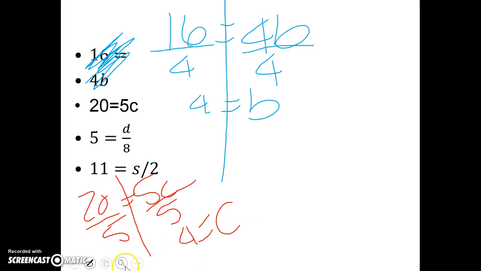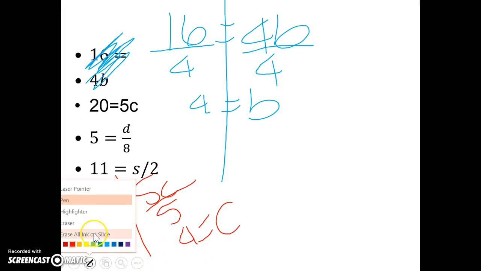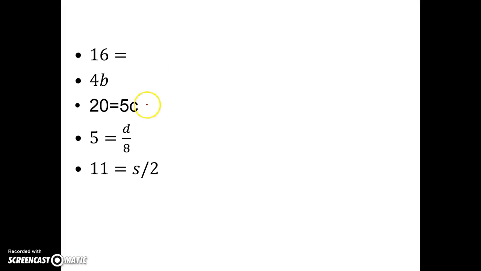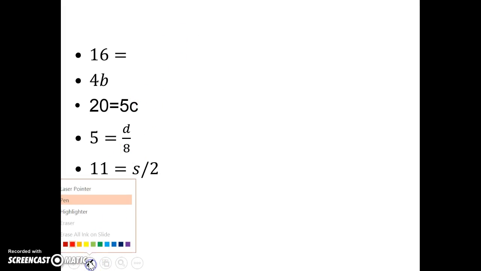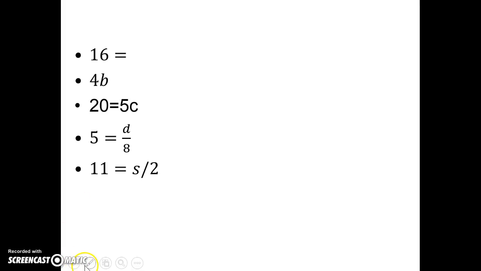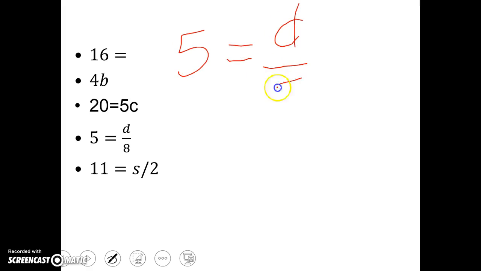Let me do the next one. Let me clear this screen off. Okay. The next one would be 5 equals d over 8.